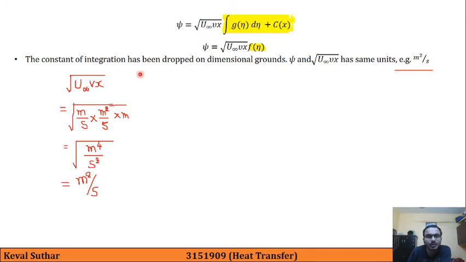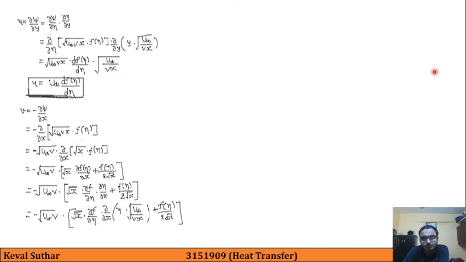Here the constant of integration has been dropped on dimensional grounds, and psi and the square root of u infinity nu x have the same units, that is meter square per second. Then we started the evaluation of u and v one by one. This was purely a mathematical step, and we will continue from here because we left our last lecture at this point.